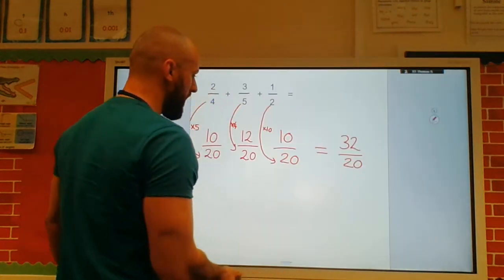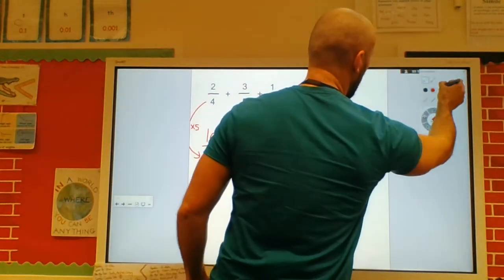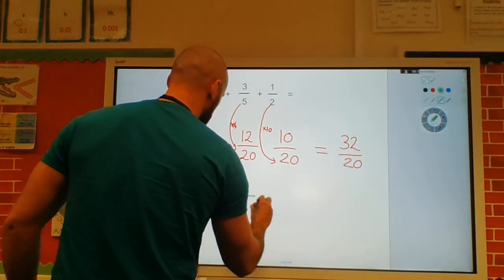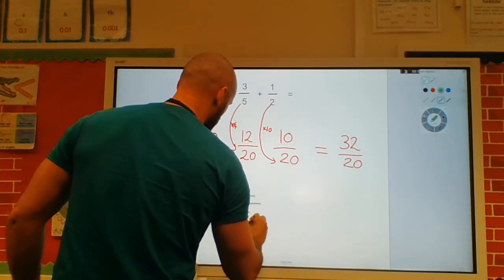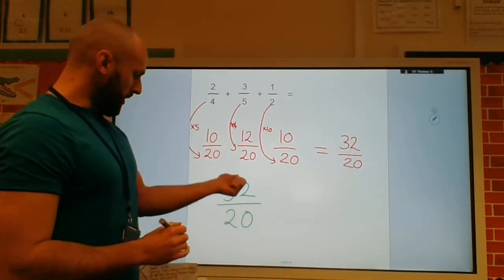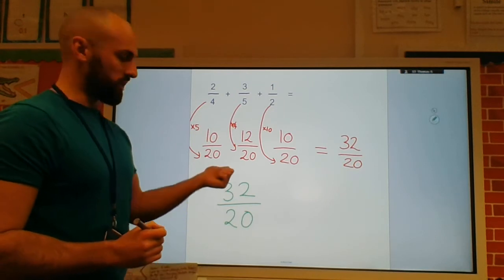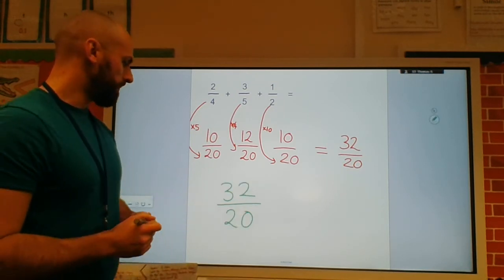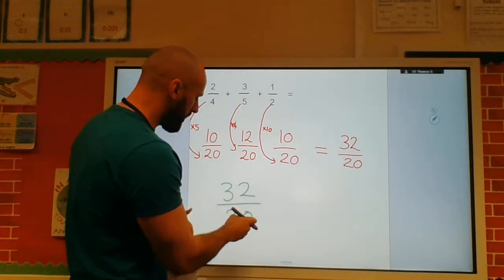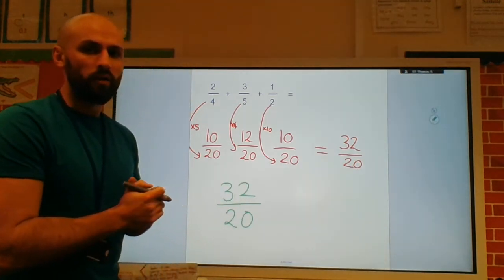The question now, can I simplify 32/20ths? Okay. Well, actually I know already I can, because I know that they're both even numbers, so they'll definitely be divided by 2. However, is 2 the highest common factor of these two?